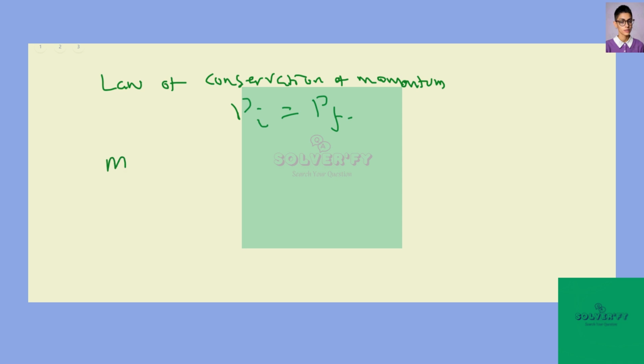And here the initial momentum is the mass of A times the initial velocity of A plus the mass of B times the initial velocity of B equals, when they combine with each other, we have the mass of A plus the mass of B times the final velocity. So this is before they collide, and then this is after they collide and stick with each other. They're eventually going to stop anyway.